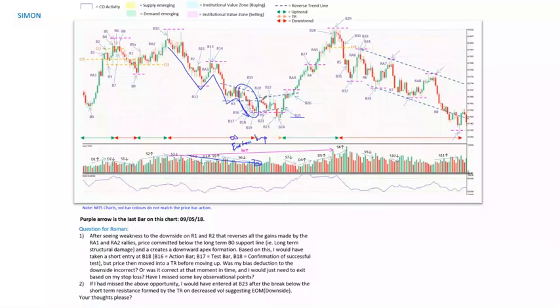And then from there, a series of tests, and we see further deterioration, non-progress to the downside, and then B25 is the area where we see a true reversal. Now the effort moves the price to the upside rather than to the downside. But obviously a lot of preconditions before that happens.